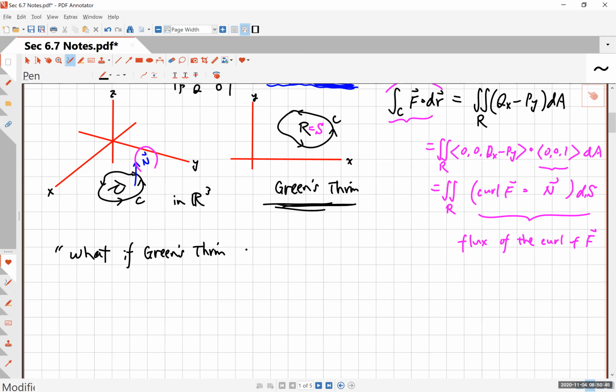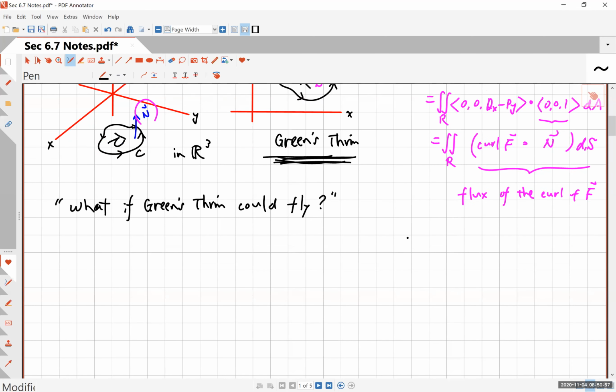What I mean by that is, why don't we just give Green's theorem some wings and let it fly in space? And then what's going to happen? Green is going to be on a magic carpet, and let me draw a magic carpet, and this will be a whole new world, of course. It's a dazzling point of view, and here is the magic carpet.